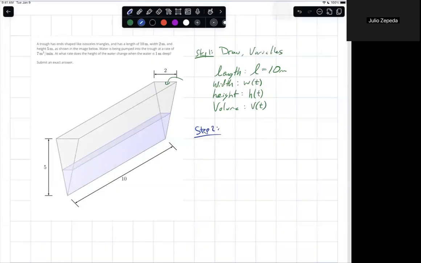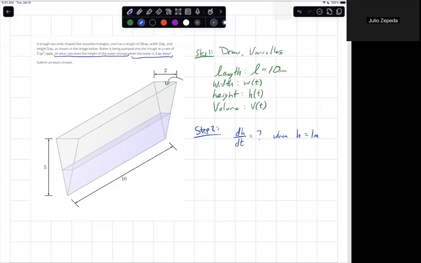State in terms of the variables the given information and the rate to be determined. Let's start with the rate to be determined. That's the question here: at what rate does the height of the water change? The rate of change of the height, we know that's called dH dt. We want to find this when the water is 1 meter deep, when H equals 1 meter.